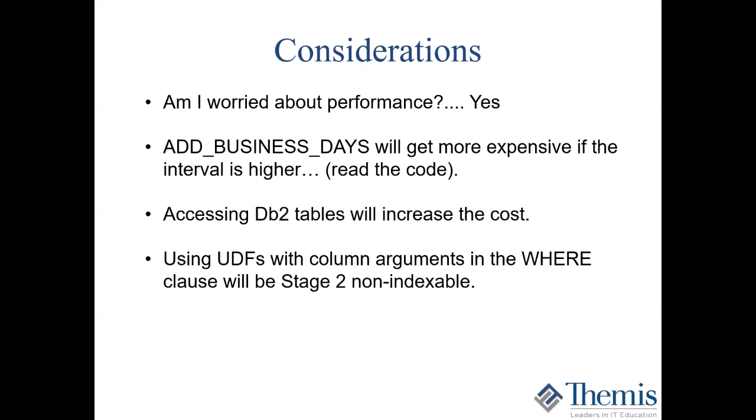So using them in the select list is usually okay, because they're only going to run on the rows that actually come back to your result. Using them in the where clause, you're going to have to run the function on things that aren't ultimately going to make it into your result. And they're stage 2 non-indexable predicates, which means they don't perform real well.